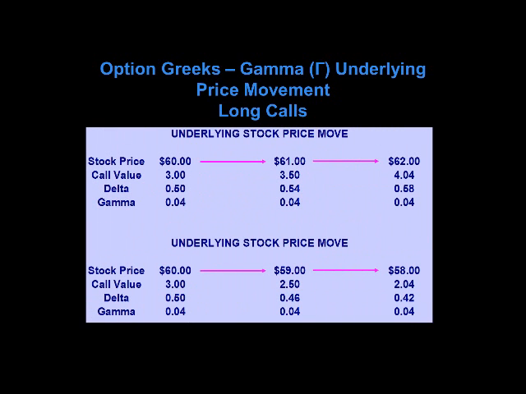Price movements. All right, let's take a look at this again, only this time let's use gamma and delta, to see how you can correlate them. Again, long calls. Stock goes from 60 to 61 to 62. You make money at an accelerating rate. The dollar moved from 60 to 61, you made 50 cents. The dollar moved from 61 to 62, you made 54 cents. Why? That's the delta.